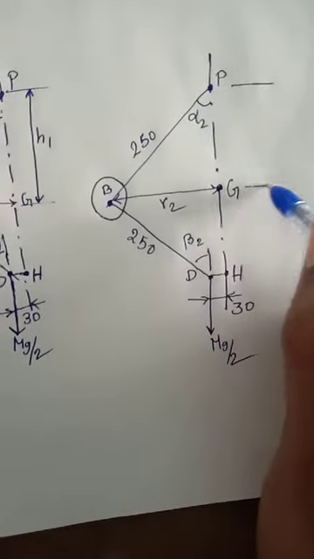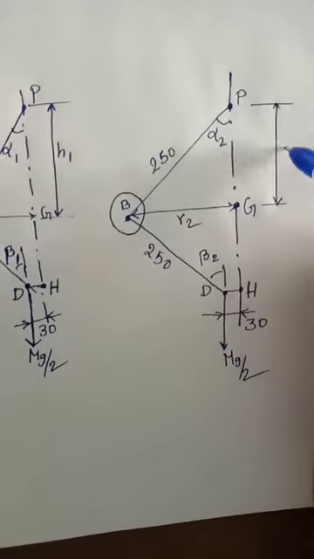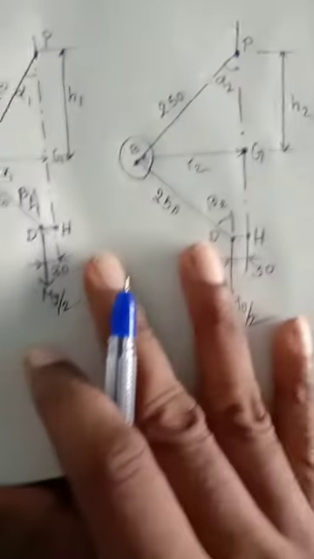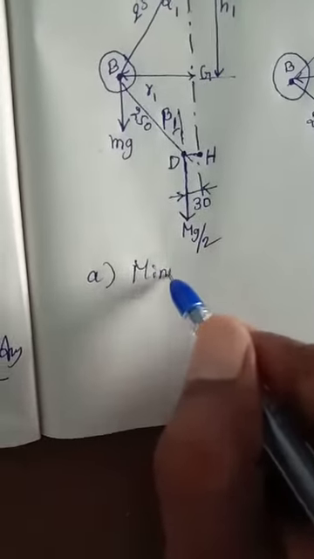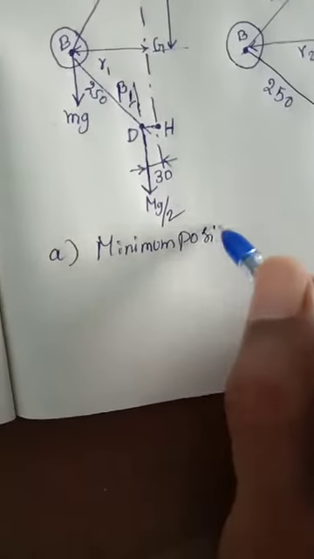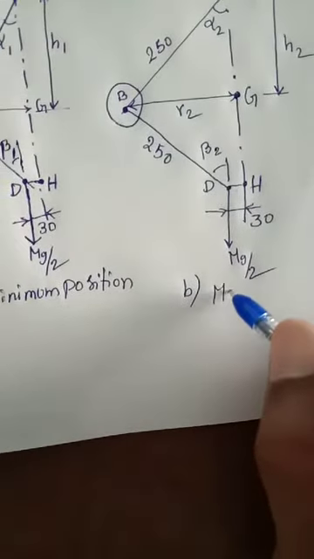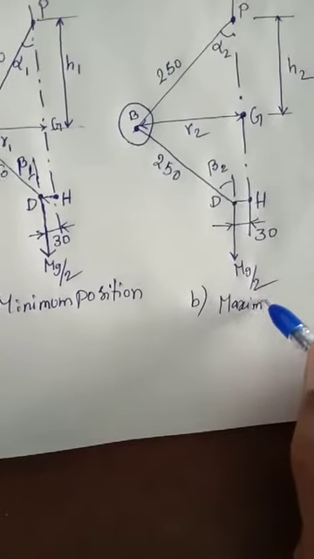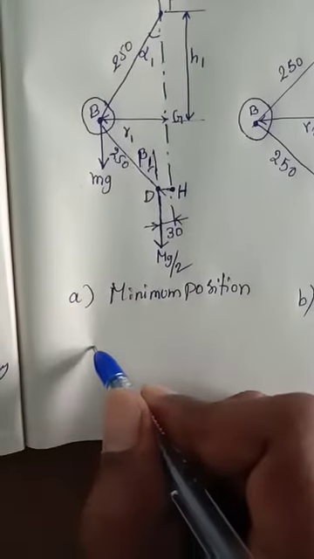Here the distance is H2. Now the first diagram is called the minimum position, and this diagram is called the maximum position. Then we are going to write down the given data.